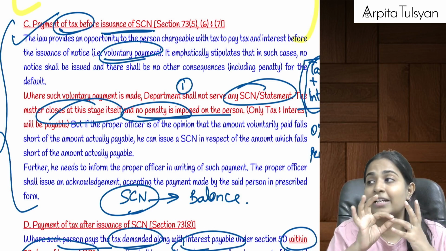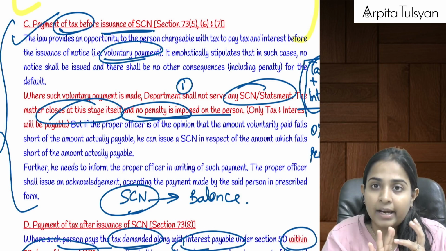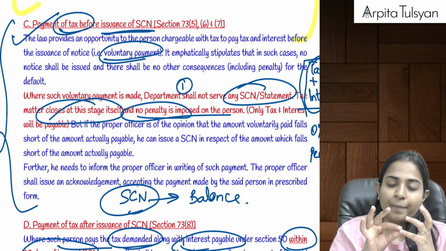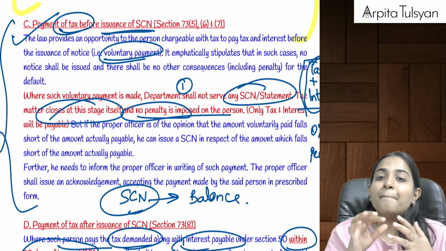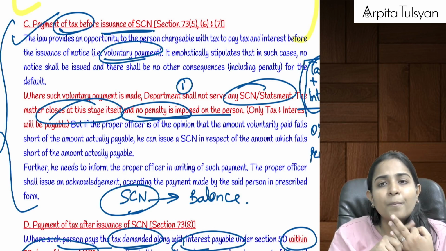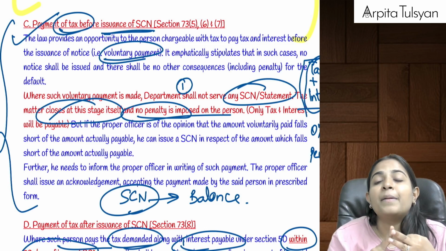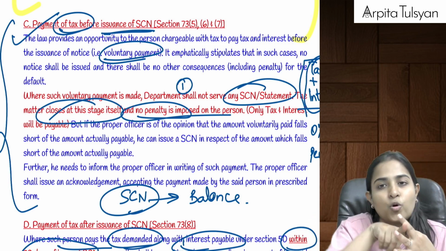Interest, even if it is not mentioned in the order, you have to pay it without saying. So you will pay the tax plus the interest, but 0% penalty. Why ma'am, why 0% penalty? Because you are voluntarily making the payment of tax before issuance of show cause notice.